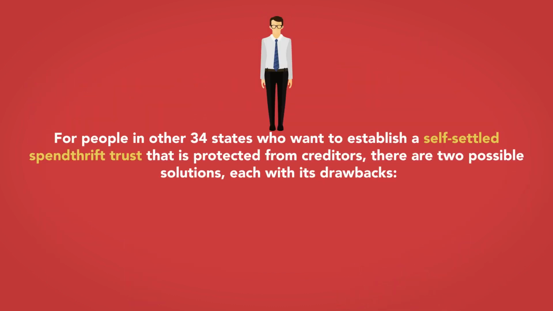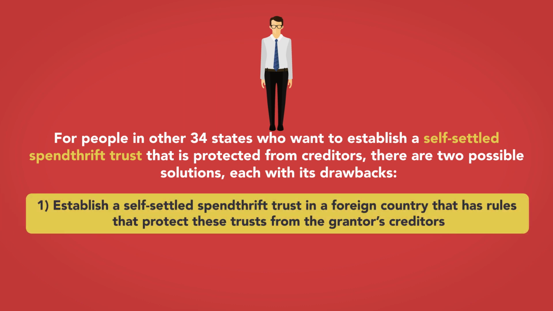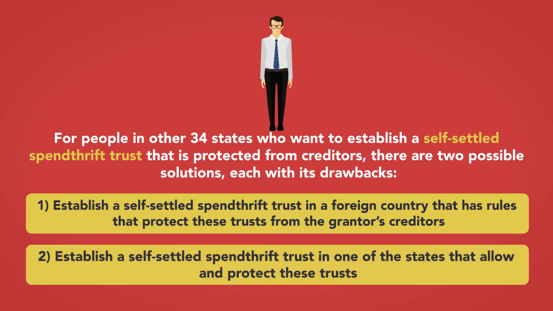For people who live in other states and want to establish a self-settled spendthrift trust that is protected from creditors, there are two possible solutions, each with its drawbacks. 1. Establish a self-settled spendthrift trust in a foreign country that has rules that protect these trusts. Or 2. Establish a self-settled spendthrift trust in one of the states that allow and protect these trusts.